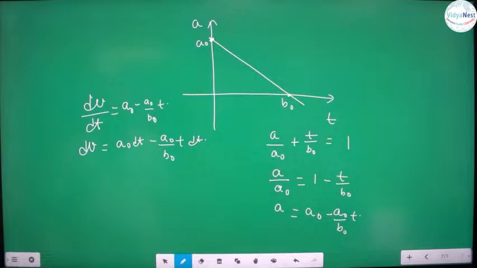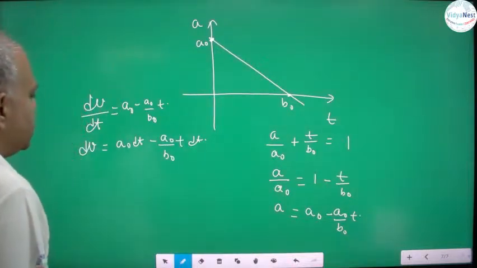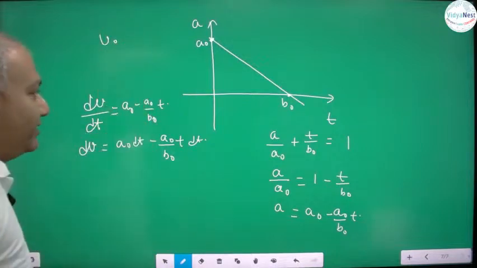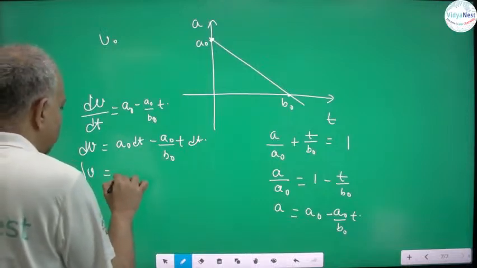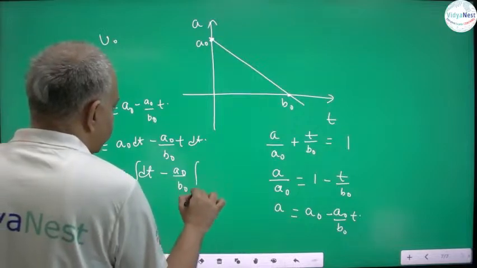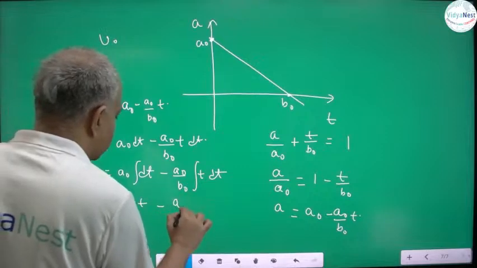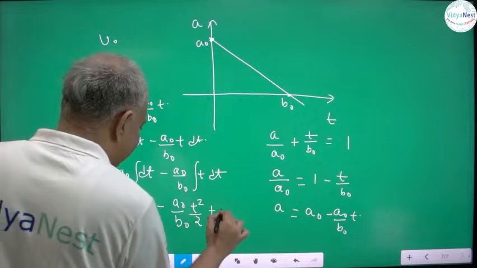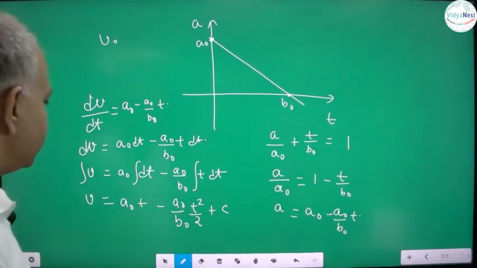If it is told that the initial velocity is v naught when the time is 0, then integrating, v is equal to a naught integration dt minus a naught by b naught integration t dt. So a naught t minus a naught by b naught t square by 2 plus some constant is equal to v.